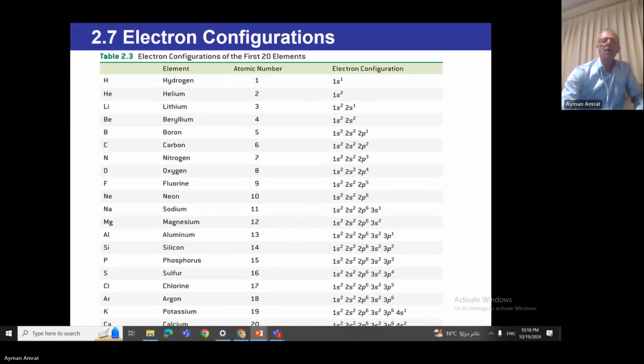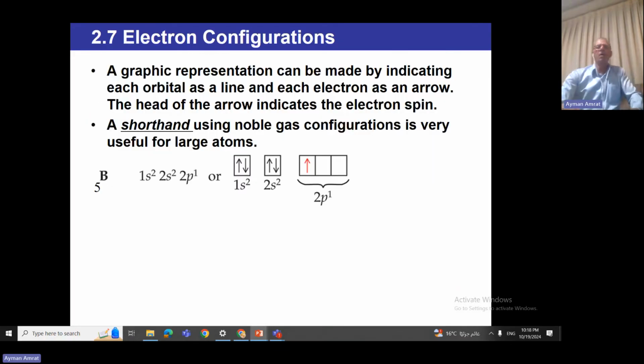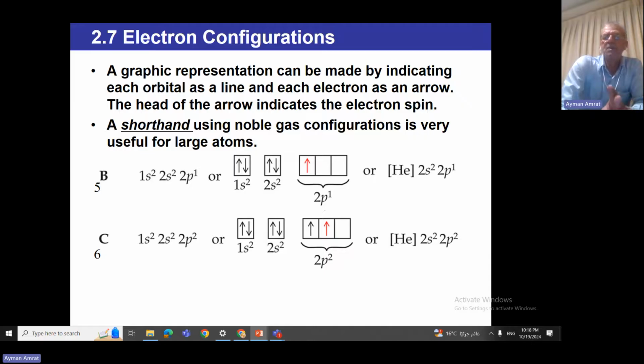Like this, if you now start filling 1s2 and 2s2 for boron, atomic number 5, fill the first shell, then the second shell. Now the p subshell has three orbitals. If the carbon now has a second electron, p is empty in py, filled in px.